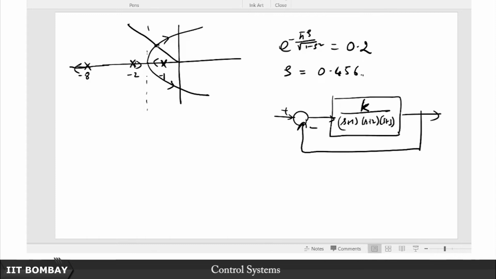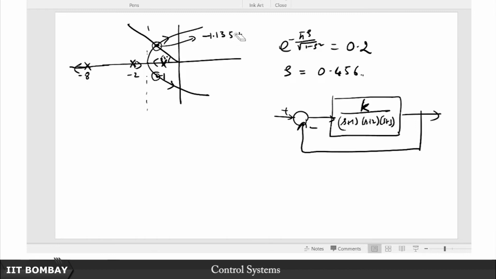So I have found out this intersection, and I figured that this angle has to be 62 degrees for this zeta equal to 0.456, and this has to be 28 degrees. So accordingly, I have figured that this particular pole for the uncompensated closed loop system is at minus 1.135 plus minus, of course this is a pole means this is also a pole here, it is conjugate.